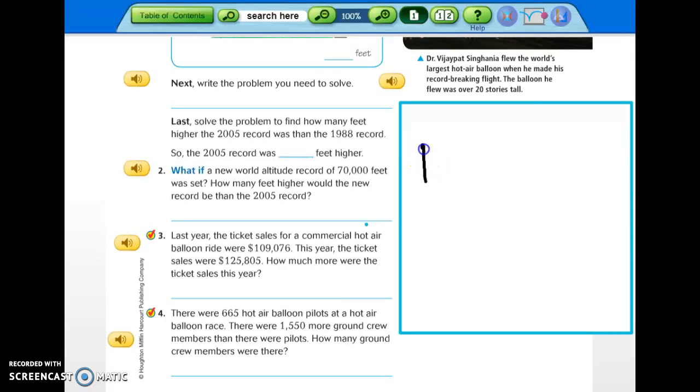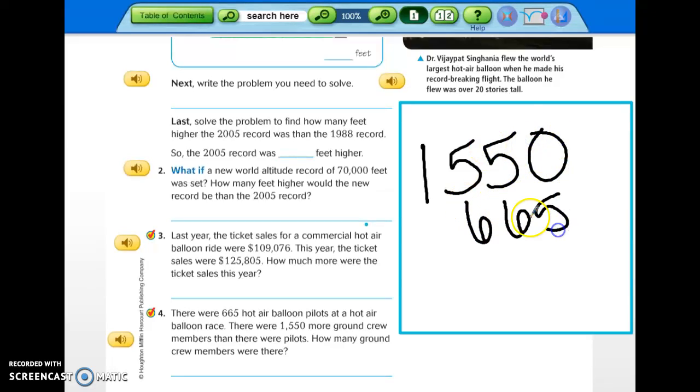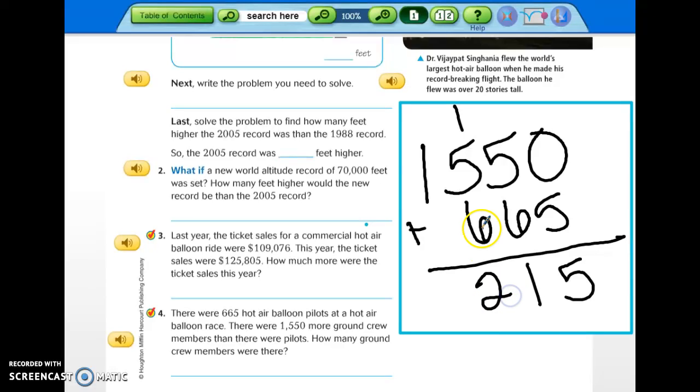So we're going to add those. 1,550 and 665. We're going to add. So 2,215 ground crew.